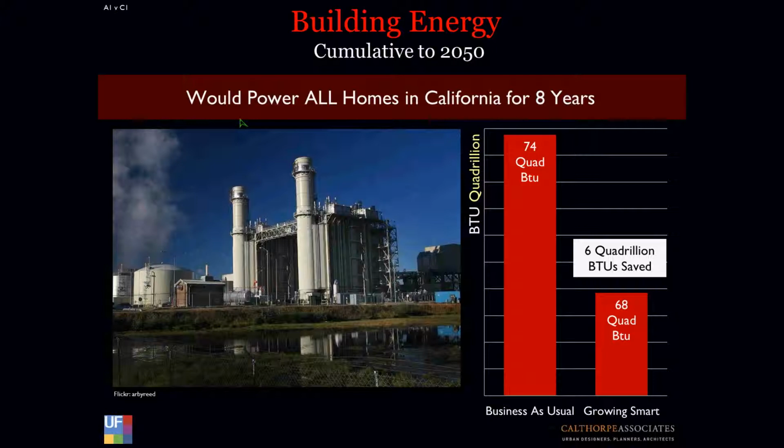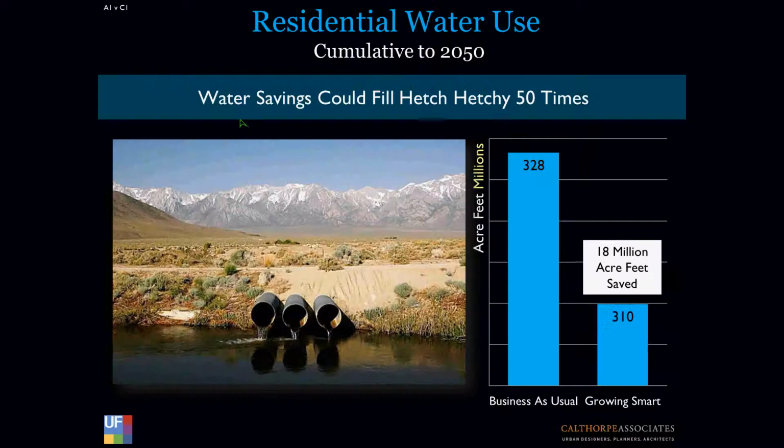The building program alone saves an enormous amount of energy, and the same is true of water. Smaller lot and townhome, and again in more temperate zones, reduces water use significantly, with less irrigated space. And so again, a big part of dealing with our drought, which is looking to be a near permanent situation, is in land use efficiency, and this is a big piece of it.